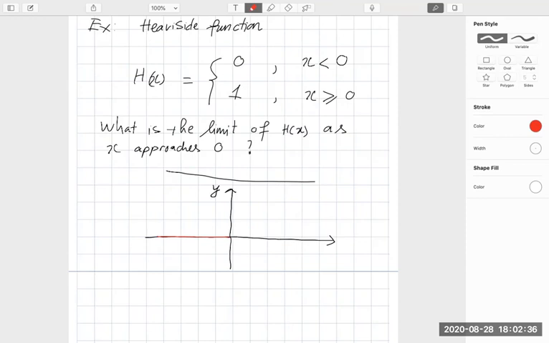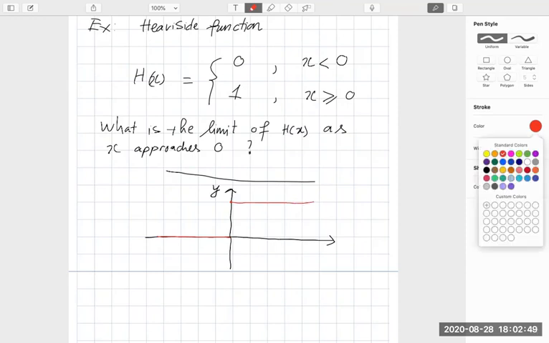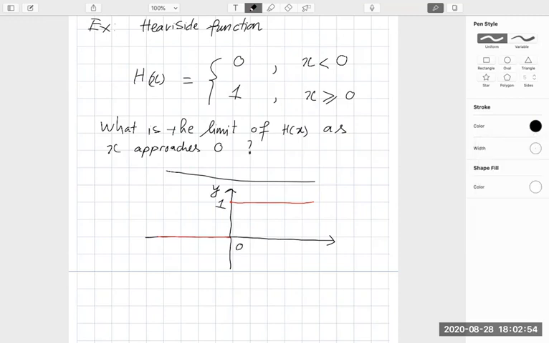And for any value of x larger or equal to 0, y will be 1. If this is 0, this is 1. So this is our function h of x. There are two branches. And this guy, right?